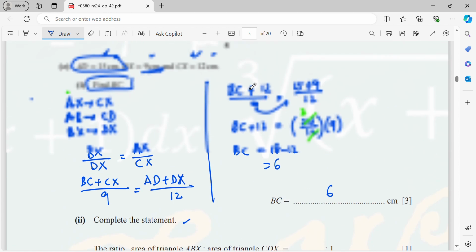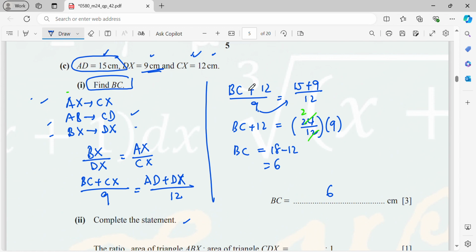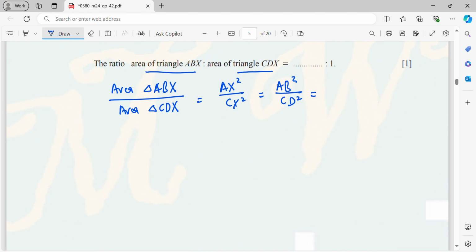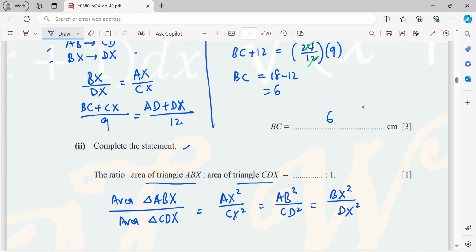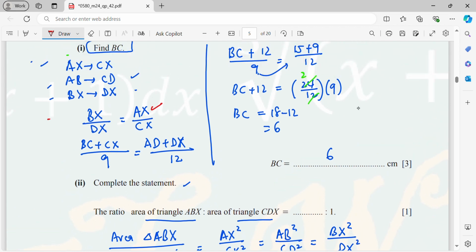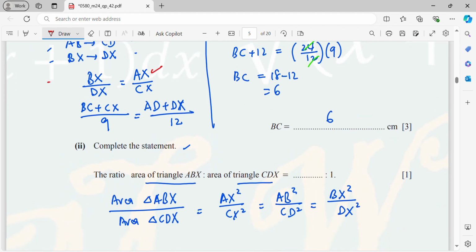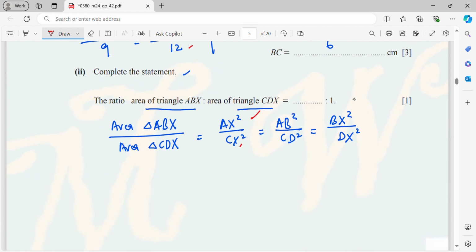Or you may just refer to the last pair of sides, BX and DX. So BX squared over DX squared. From the previous calculation, we have found AX, which is basically 24. And CX is also given, which is 12. So I'm going to use the first formula. You may use the other two as well.